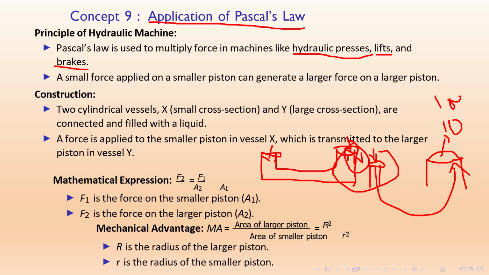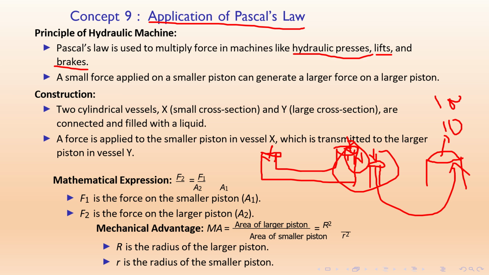Mathematically you can observe that F2 by A2 is equal to F1 by A1. F1 is the force on the smaller piston, which has area A1. F2 is the force on the larger piston, where the area is A2.